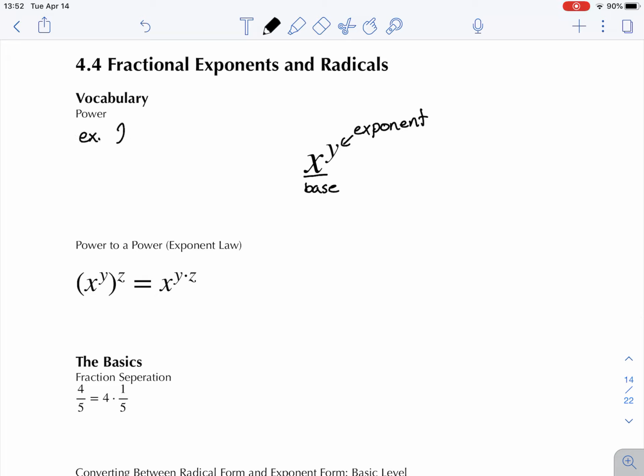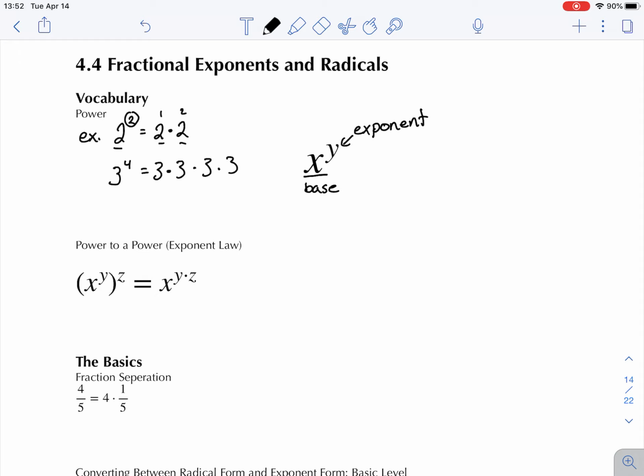So we have some examples that you should know, like 2 squared is equal to 2 times 2. Our base shows up 2 times. 3 to the power of 4 is equal to 3 times 3 times 3 times 3.